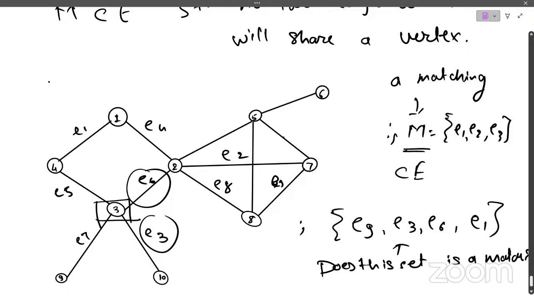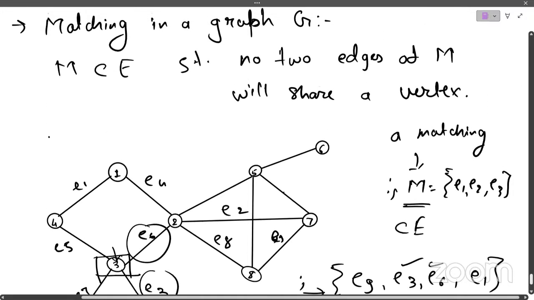I mean, they share a common vertex, right? In a matching, any two edges should not share a common vertex. Here our E6 and E3 are sharing this vertex 3, so this set is not a matching. Basically, matching is nothing but collecting those edges from your edge set which are not sharing vertices. That's called the matching.